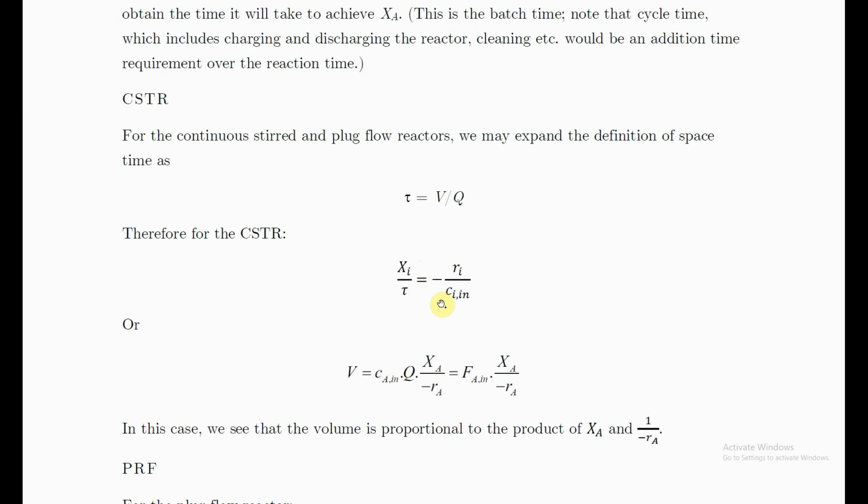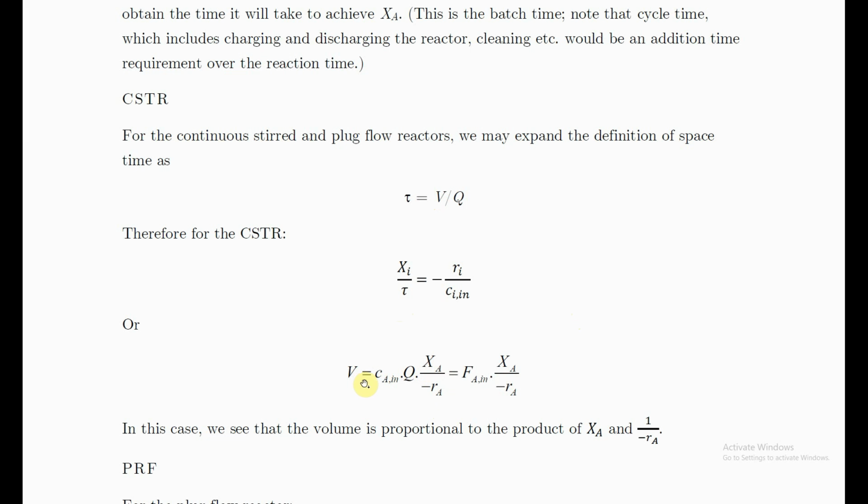Now, again, we want to rewrite this in terms of the volume. It's very easy to do that here. Tau is simply V over Q. We can substitute that there, and then take V to one side and move everything else to the other side, and rewrite this in terms of component A. So if you just rearrange this equation, substituting for tau, that's what you get.